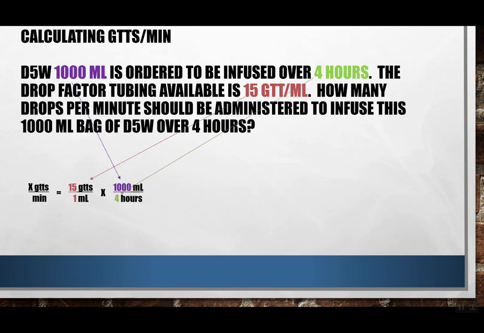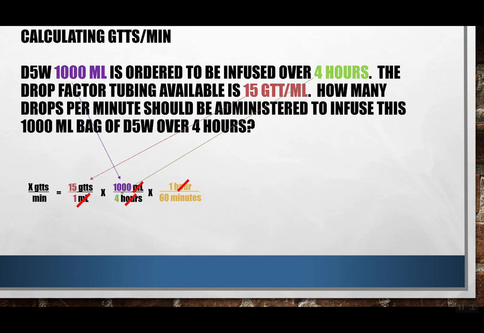And I need to get that mil canceled out. So I will pull what I have, which is the 1,000 mils over 4 hours. That's my order, so I can use that. Canceling out the mils, I have drips on top and hours on the bottom. Once again, I have to cancel those hours out, though, with a conversion, so I have drops on top and minutes on the bottom, like the left side of the equation shows.